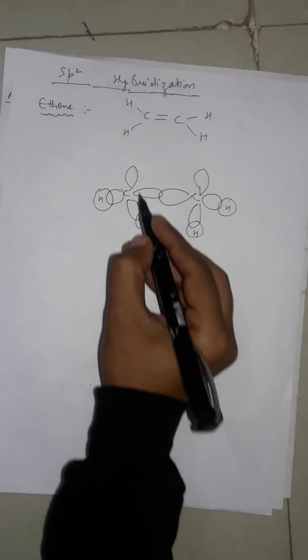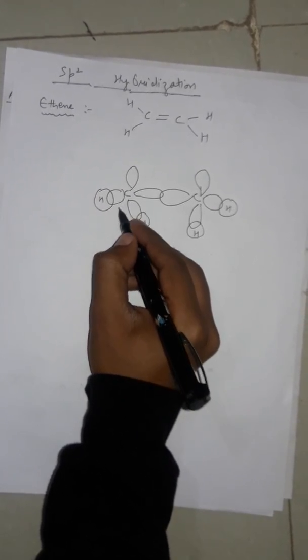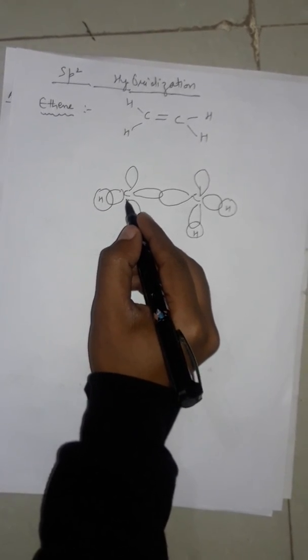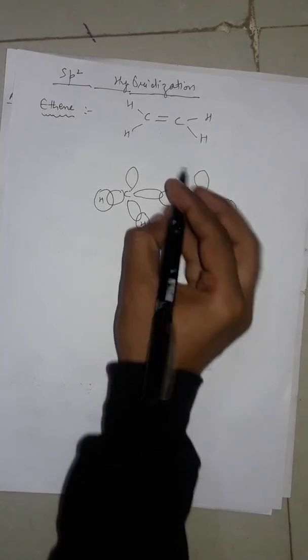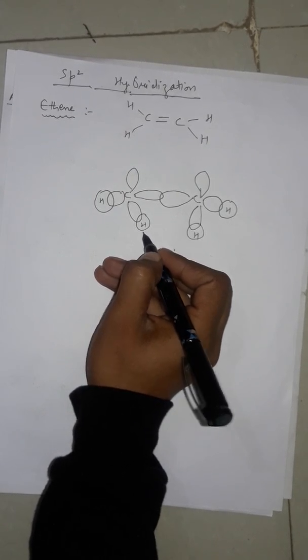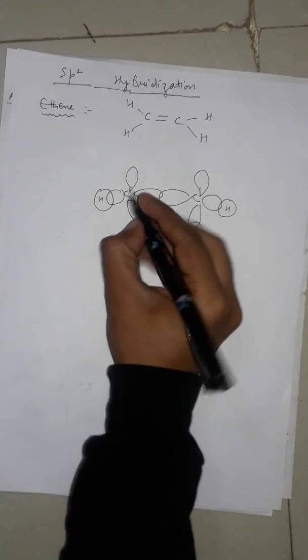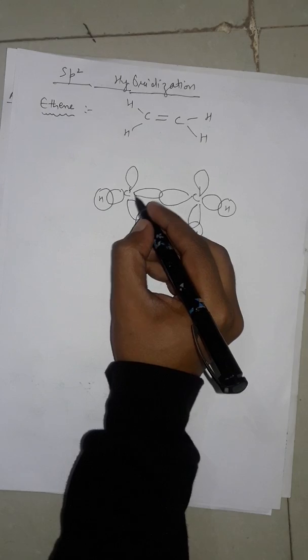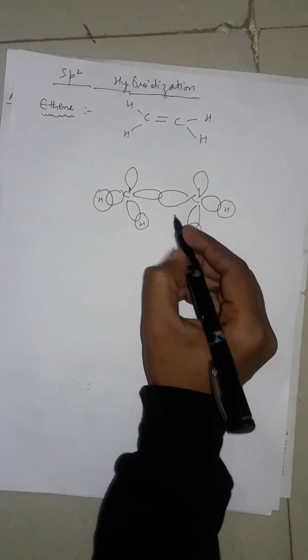Again, I want to convey that I haven't shown the backward side of this orbital, below the nodal plane, for simplicity of structure. This is one hydrogen, this is another hydrogen, and this is one hydrogen here, this is another hydrogen. So this orbital remains unhybridized. This orbital of carbon remains unhybridized.